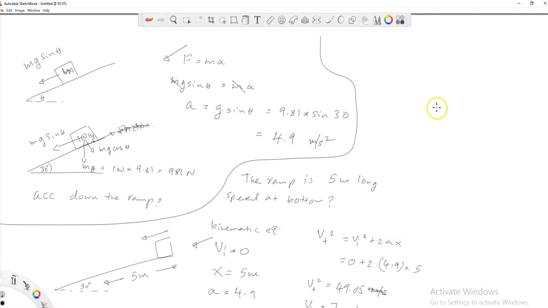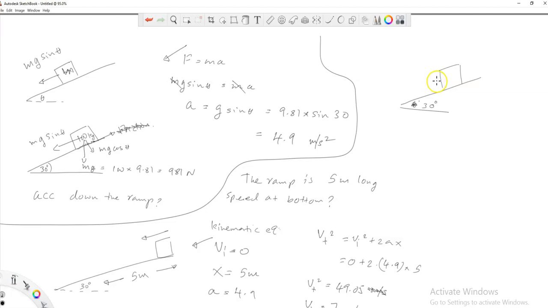Okay, another thing real quick. Same problem. Here's the ramp. Let's say still 30 degrees. Let's say this thing is sitting there. Now it's going to slide, right? Because there is no friction, this object is going to slide.